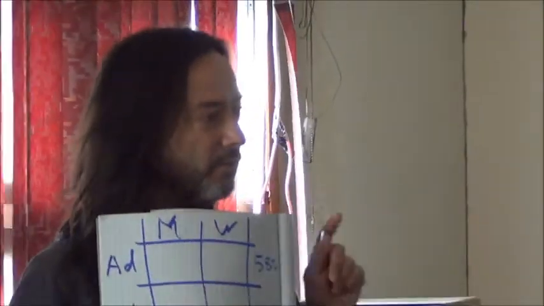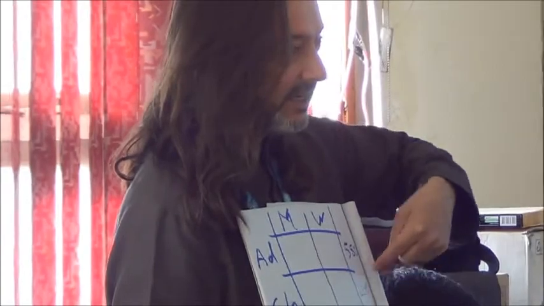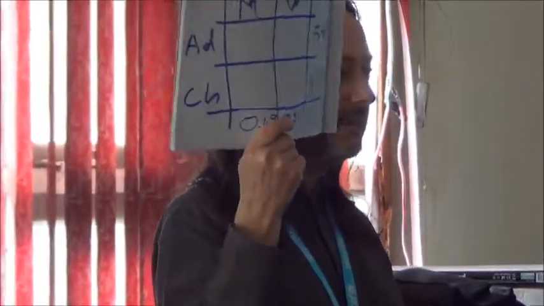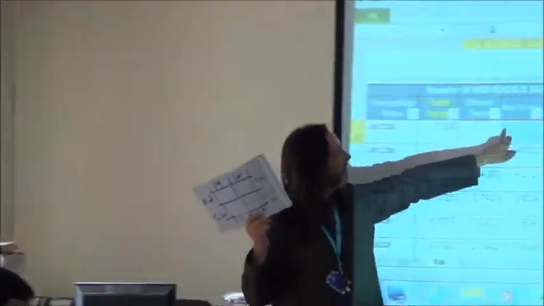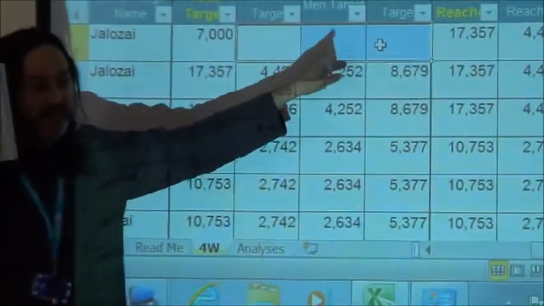Now, I got told yesterday that in the camps, children are more like 50% and adults are 50%. If you have some genuinely better numbers than these numbers, then please feel free to multiply out and put your genuinely better numbers in here.